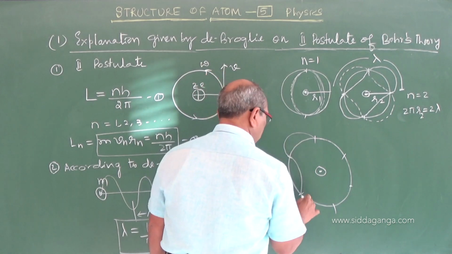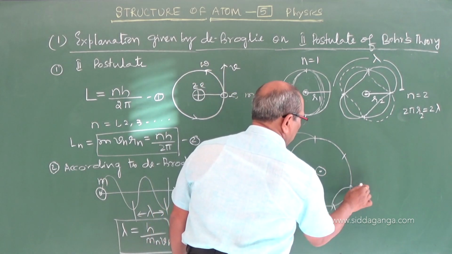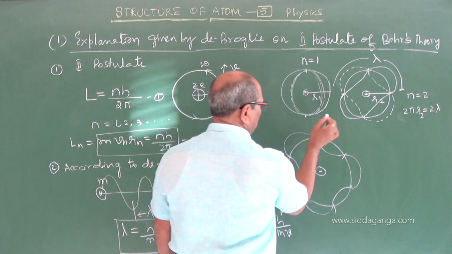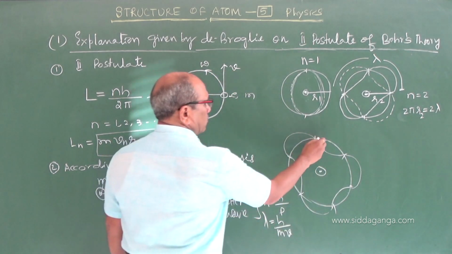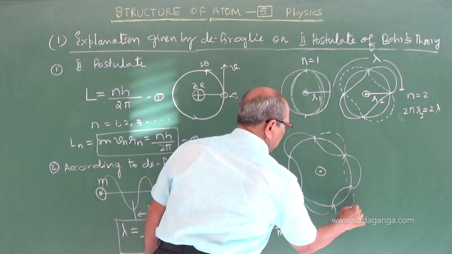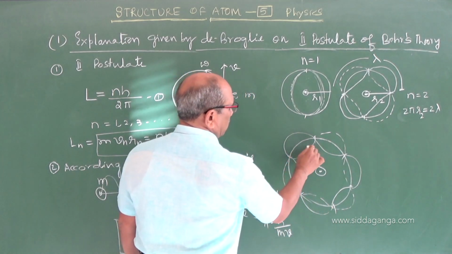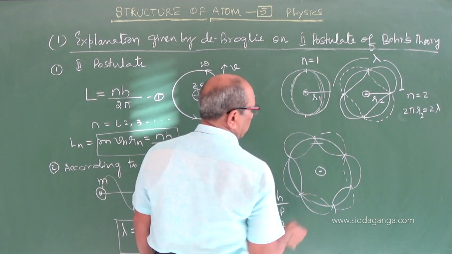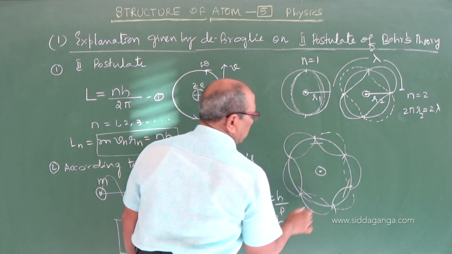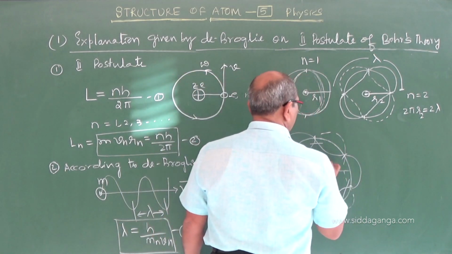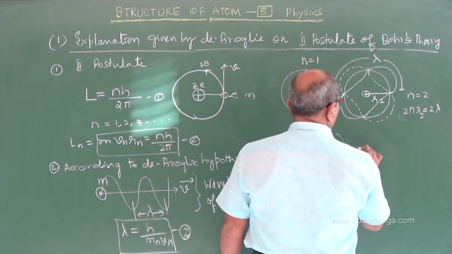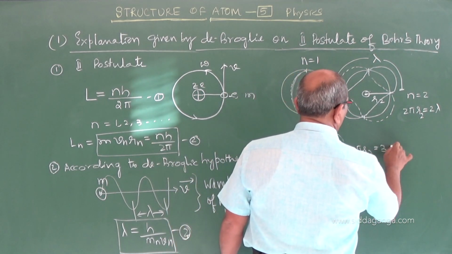So even in this case, these two 1, these two 1, these two 1. If it is the third orbit, n equal to 3, 2 pi r3 equal to 3 lambda.